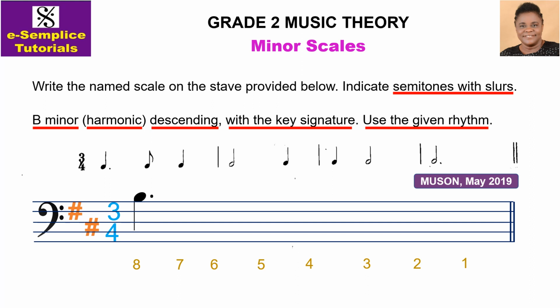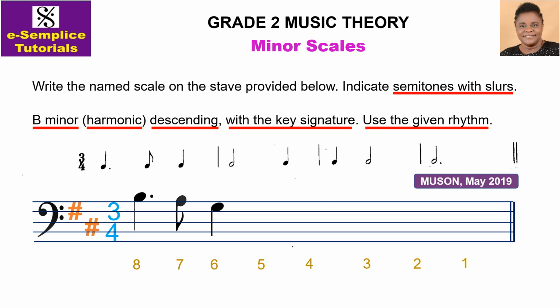So my dotted crochet is going to be placed that way. The next note is a quaver, and it will be on line 5. The next note is a crochet. It would be on the 4th space.